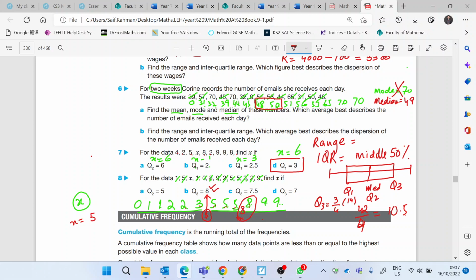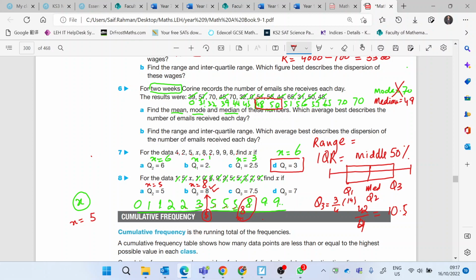And now, what will be x? x is equal to 8 and x is equal to 5. And now we want this Q3 to be 7.5.